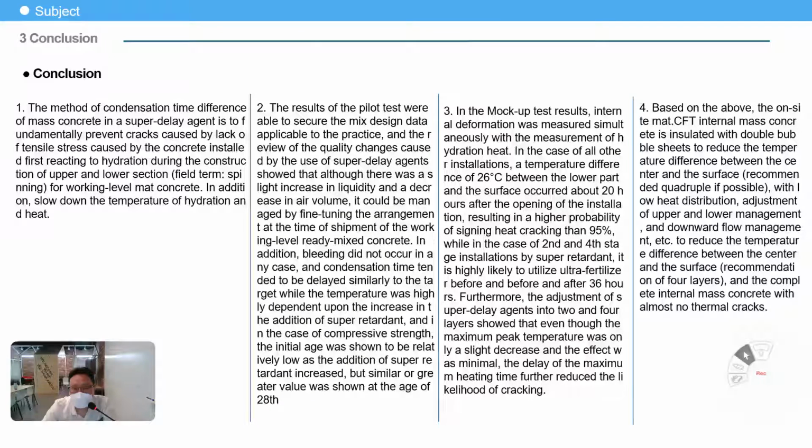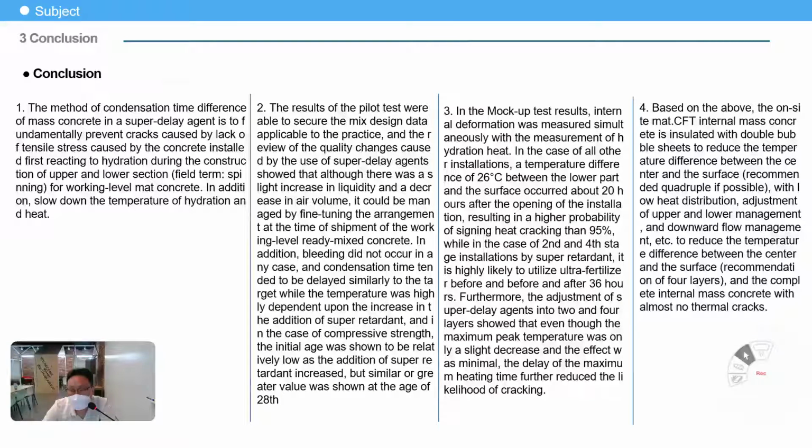In the case of single installation, the temperature difference of 26 degrees between the lower part and the surface occurred at 20 hours after the opening of the installation, resulting in a higher probability of thermal cracking than 95%, whereas in the case of 2 and 4 stage installation by super delay, it is highly likely to utilize it before and after 36 hours.